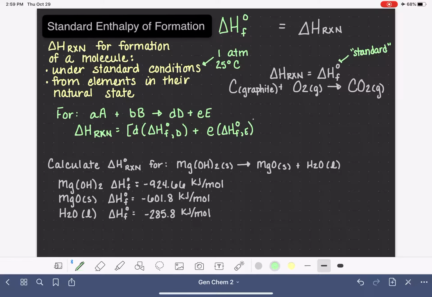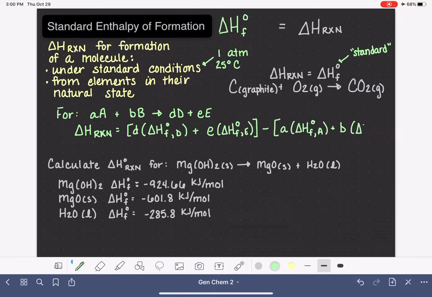This gives us the standard enthalpy of formation for all of our products. From that, we are going to subtract the standard enthalpies of formation for all of our reactants, again, each one being multiplied by its stoichiometric coefficient.